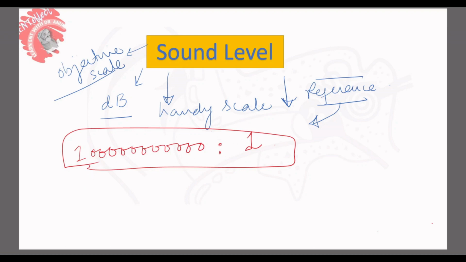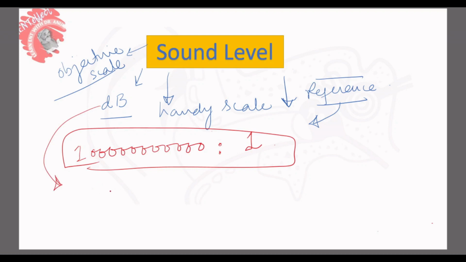It would be very difficult to express sound level like this. For example, you cannot tell anyone that this sound level is 150,000 decibels or 151,000 or 20 million decibels. It would be very difficult for the other person to have an idea. That is why decibel is used.